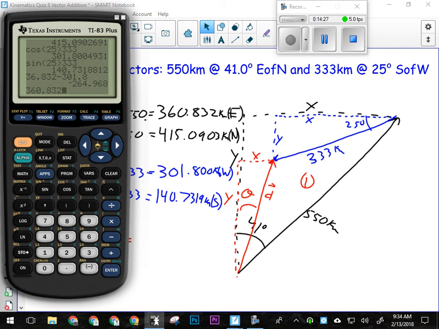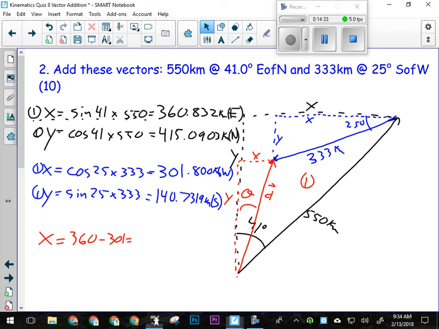It's 59.032 kilometers, and that is going to be east. 1 mark if they got that.